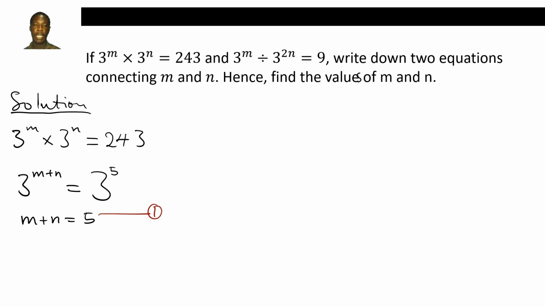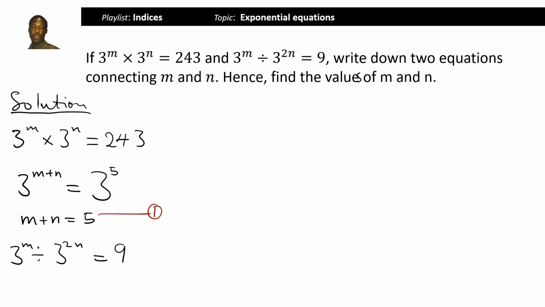Then we look at the second equation. We have 3 to the power m divided by 3 to the power 2n, and everything is equal to 9. So we have division. If two numbers of the same base are dividing, the exponents will have to be subtracted.